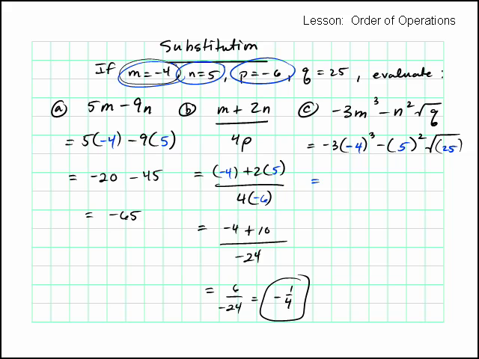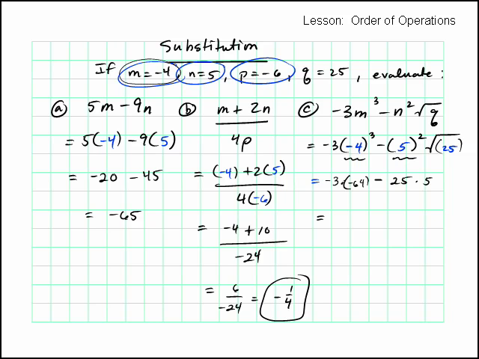Now, the first thing I'll do is take care of those exponents. -3 times, right there, -4 to the 3rd power is a -64, minus 5 squared is a 25, and I can also take care of the square root right now as well. Let's do that. Square root of 25 is 5.